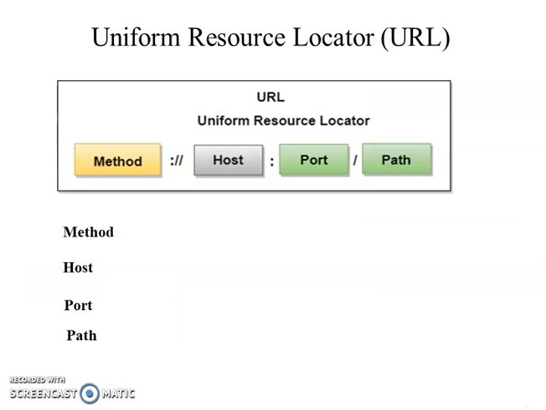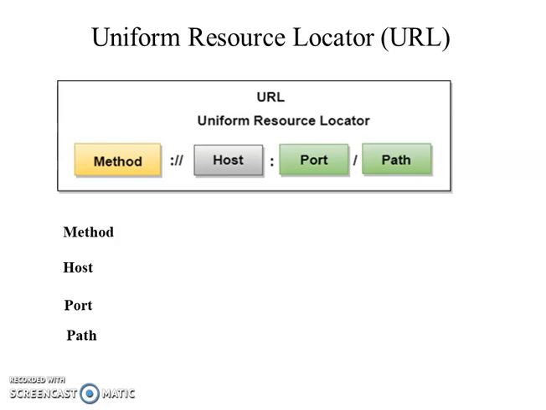What is a URL? Uniform Resource Locator. A client that wants to access a document on the internet needs an address to facilitate access to the document. The Hypertext Transfer Protocol uses the concept of the Uniform Resource Locator, URL.